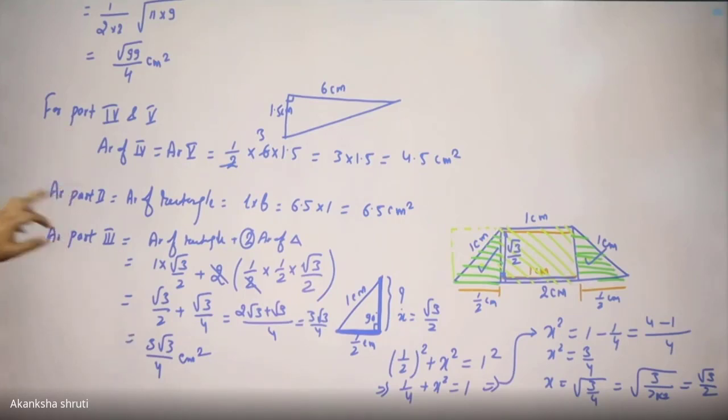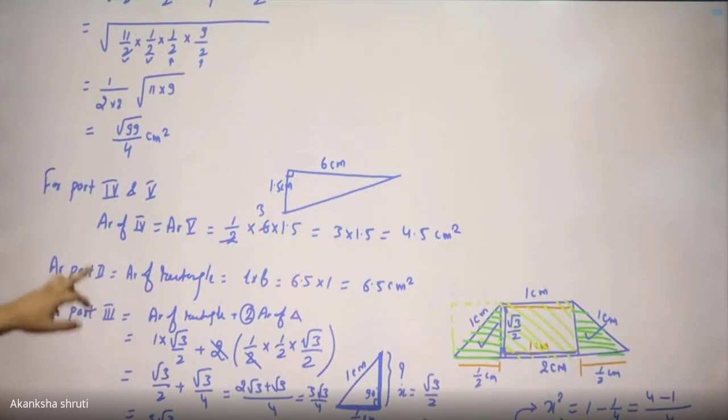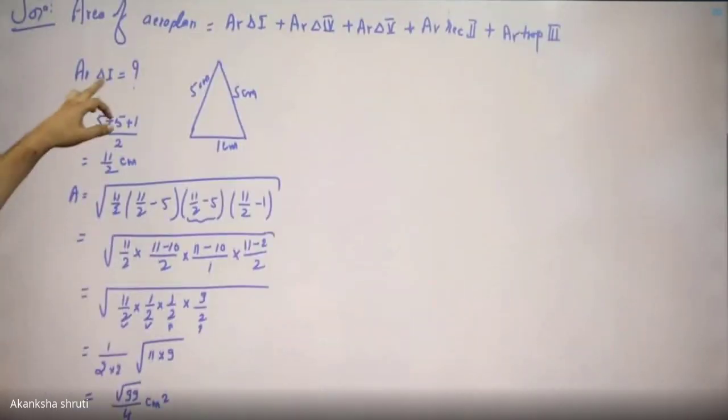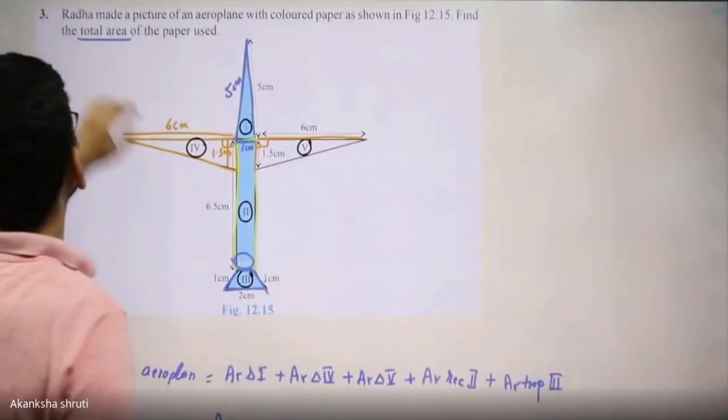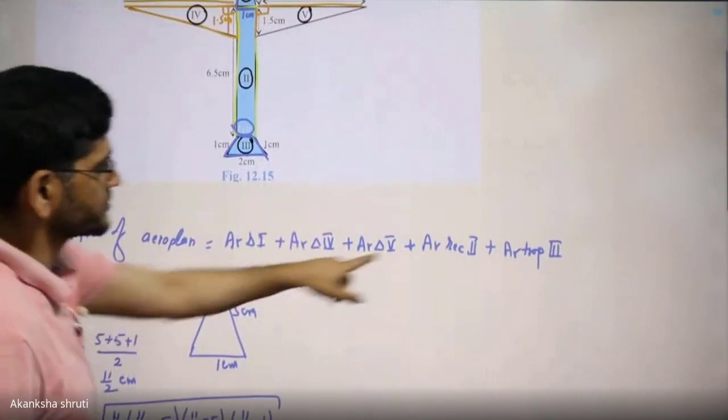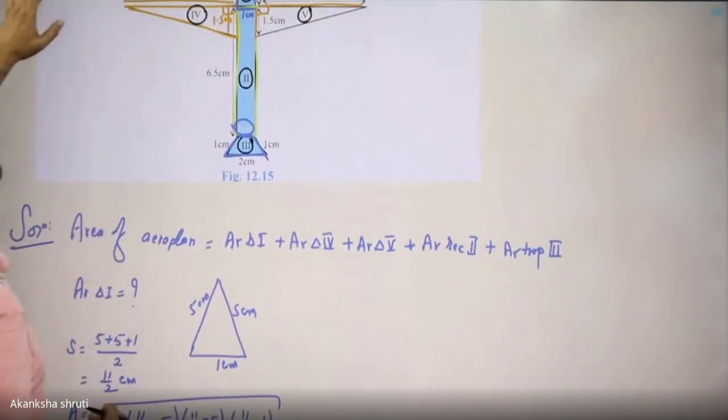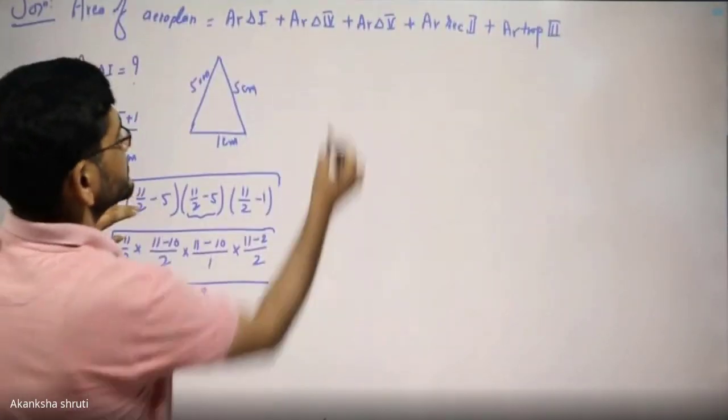So how many areas have we calculated? Second, third, fourth, fifth, and this was for the 1. Getting? So students, what is the area of this aeroplane? We have to just put it here. So write it, student.